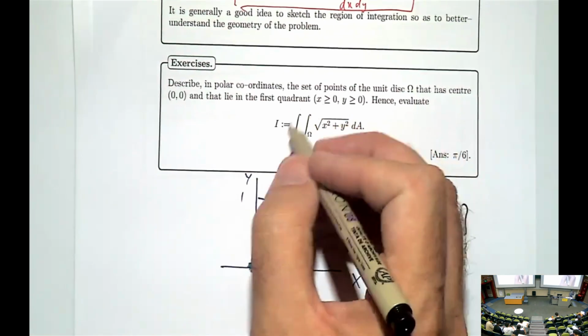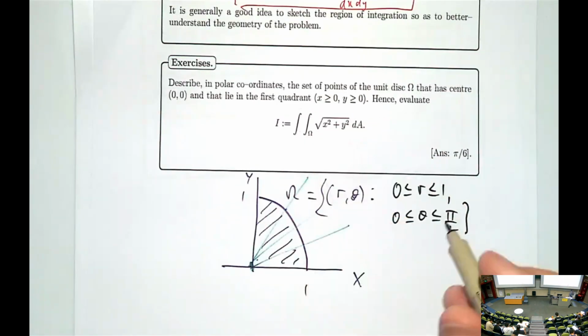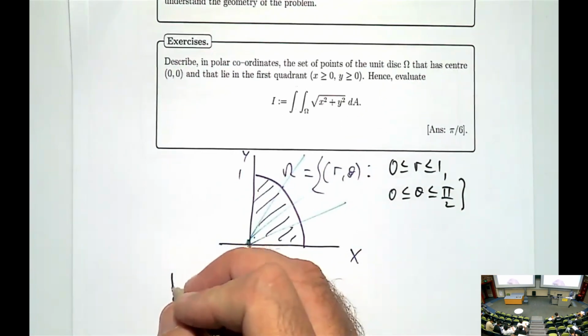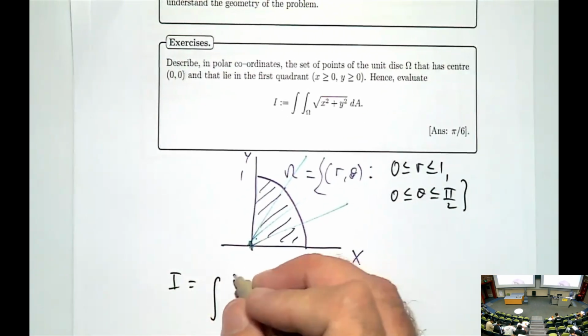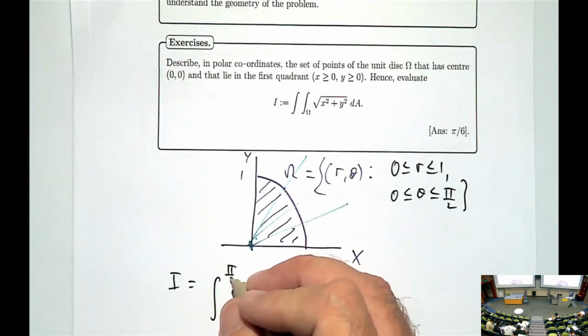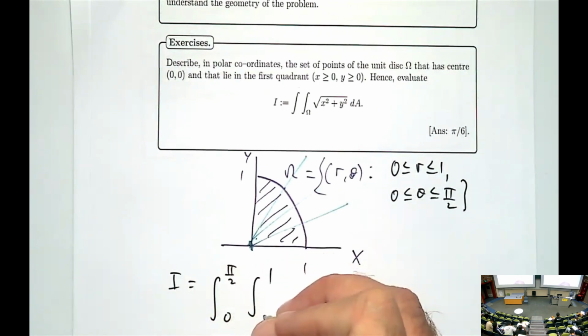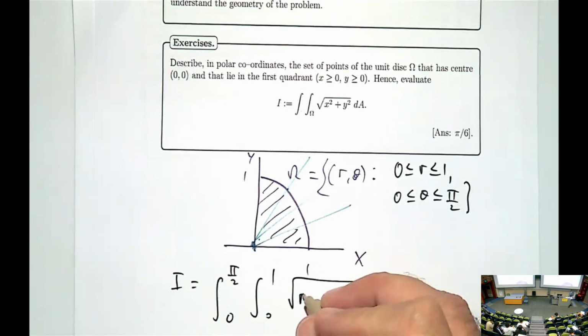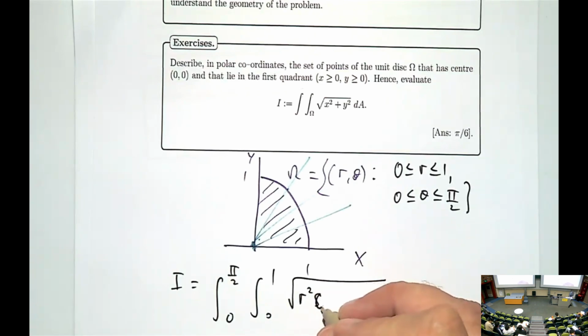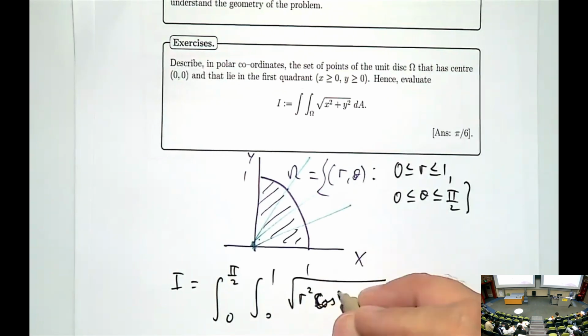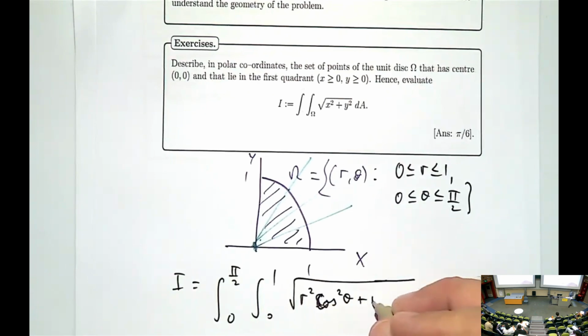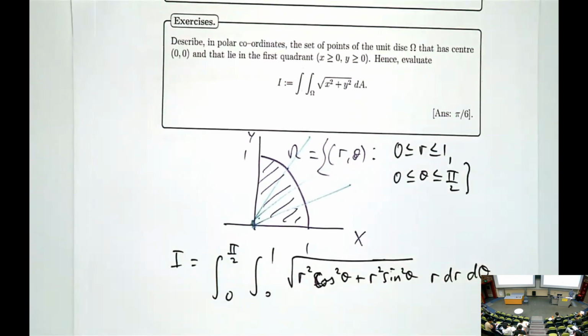Okay, so let's write this down in terms of polars. Okay, so we've got a mess, but what do we know about cos squared plus sine squared? Kaboom.